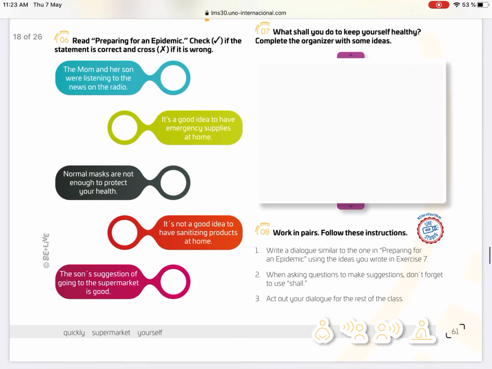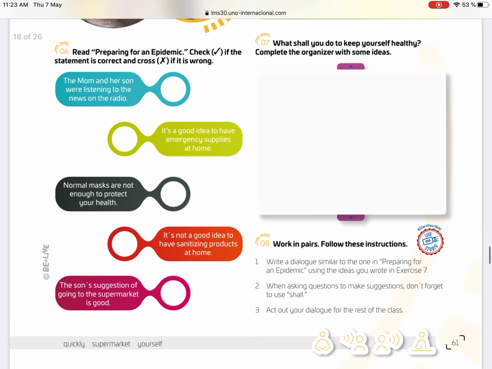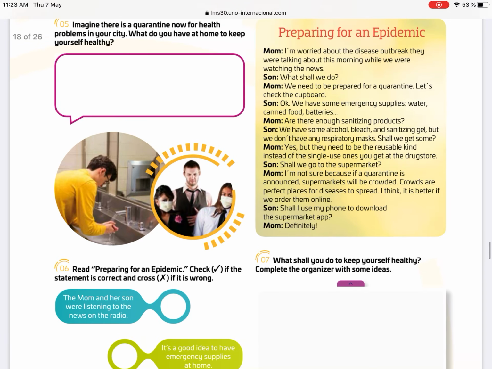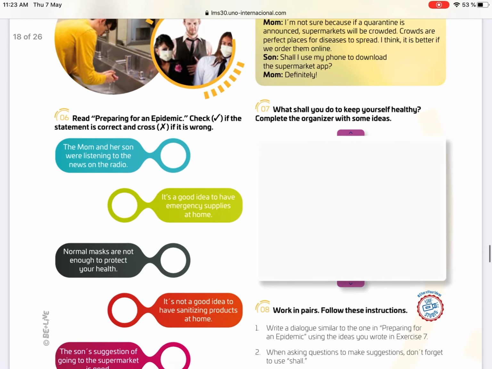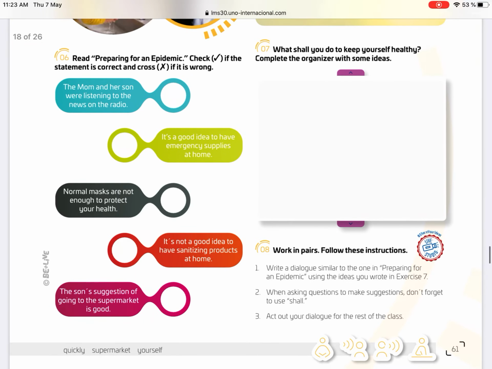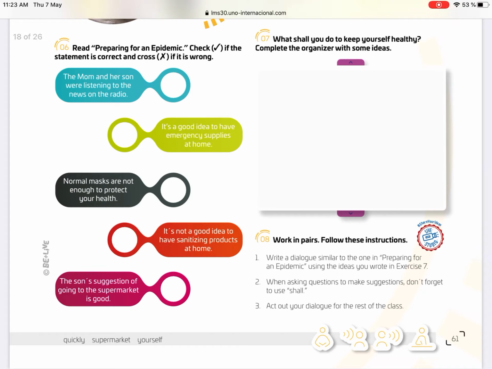Actually, this is something very surprising. We have here point number 6, read Preparing for an Epidemic. Check with a tick if the statement is correct and cross with an X if it's wrong. So we have to read this text, Preparing for an Epidemic, the role play, and then answer all these statements.